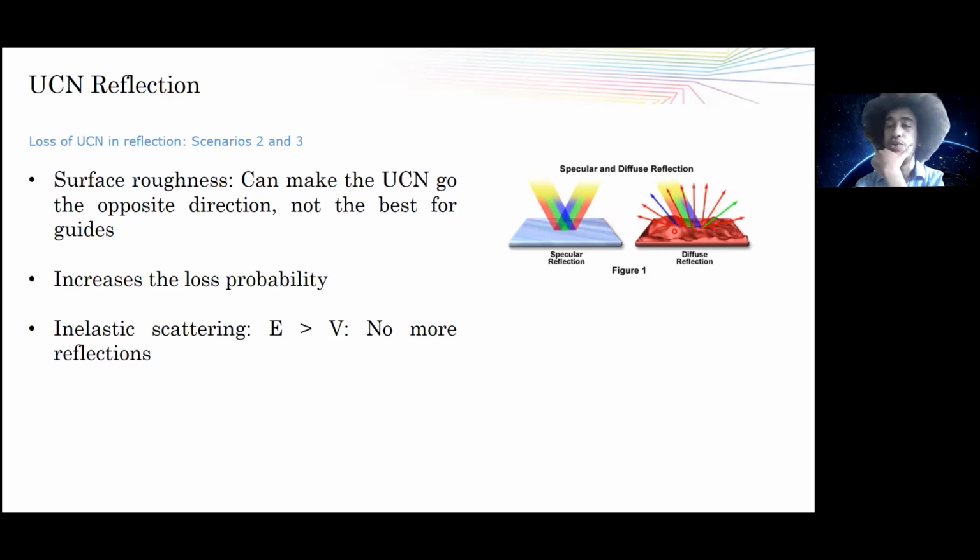But if you have a rough surface for your neutron guide, you might have a neutron that will, instead of reflecting the correct way, reflect the opposite way and go back, which is not something you would like to have for your guides.